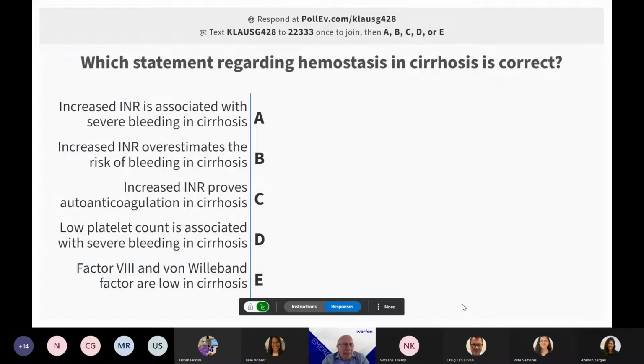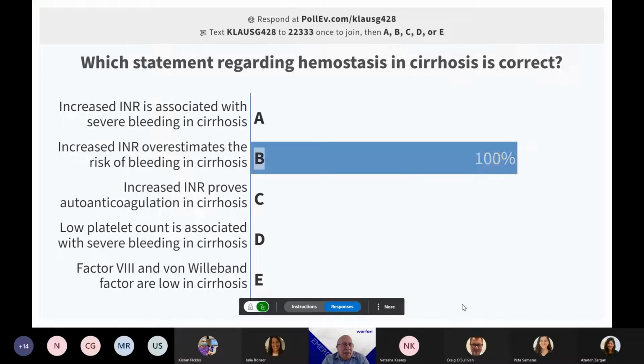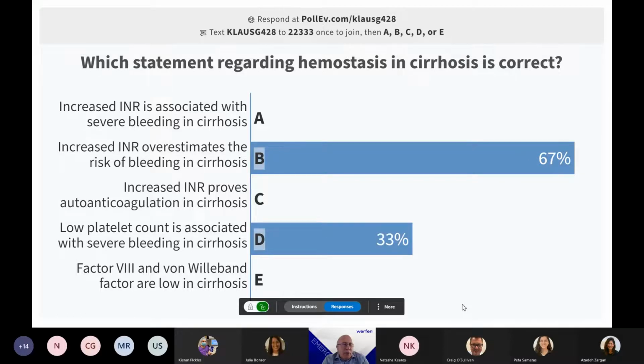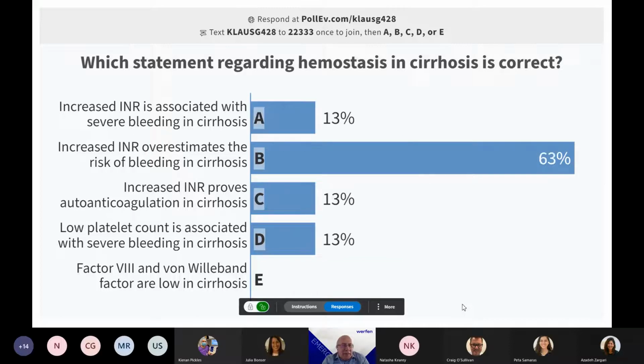Is that A, that increased INR is associated with severe bleeding in cirrhosis, or B, that increased INR overestimates the risk of bleeding in cirrhosis, or is it C, that increased INR proves autoanticoagulation in cirrhosis, or is it D, that low platelet count is associated with severe bleeding in cirrhosis, or E, that factor 8 and von Willebrand factor are low in cirrhosis? So that's what I more or less expect, is a quite big mixture.